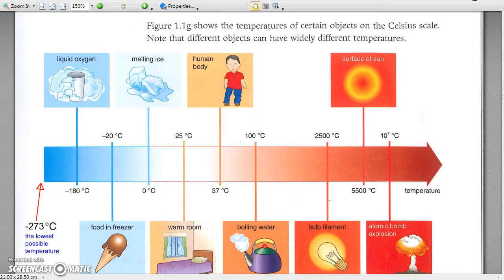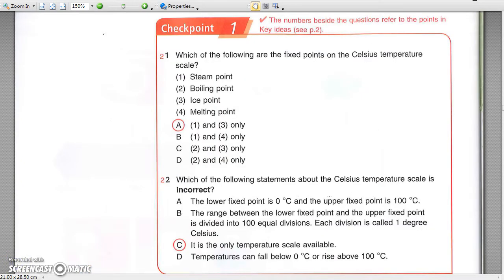As temperature is in fact a measure of average kinetic energy of molecules, there is a lower limit of temperature at negative 273.15 degrees Celsius, when all the molecules stop moving. Is there an upper limit? The answer is no. Do check point 1 on the next page.